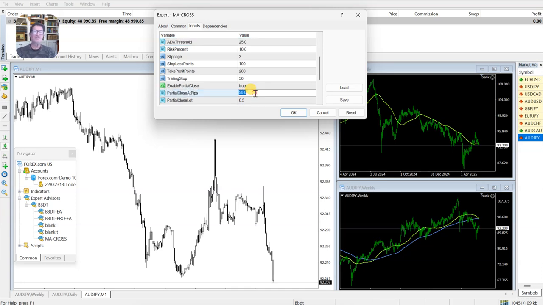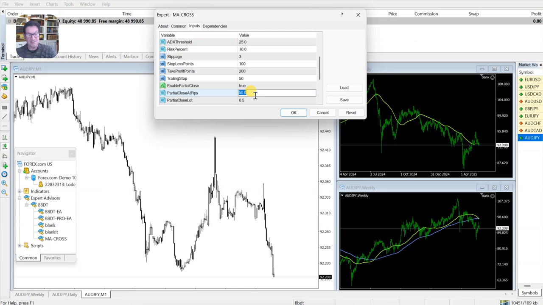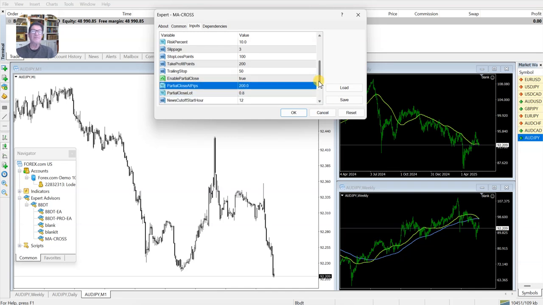You can change these numbers. If 50 pips is too little for you, change it to whatever you like, 200 if you want. If you want to take more than half of the profits, make it bigger. For example, 80 will take 80% of the profits that I'm making.